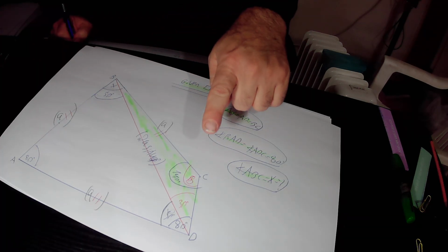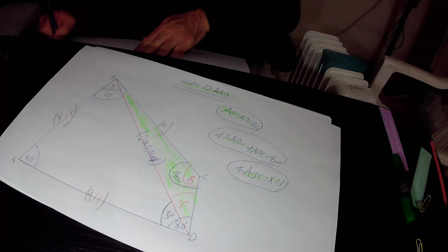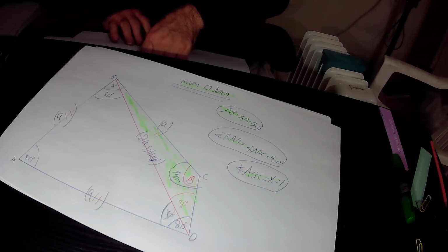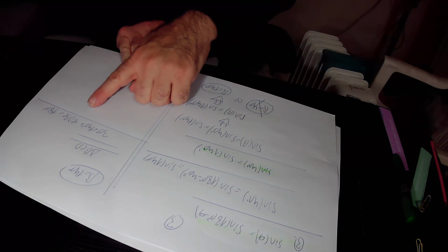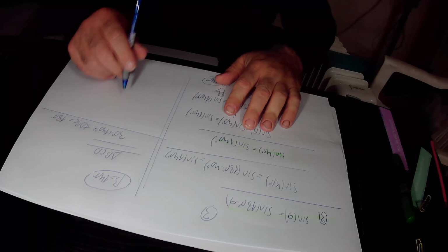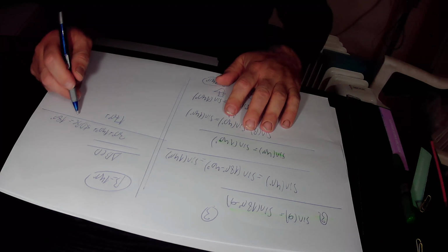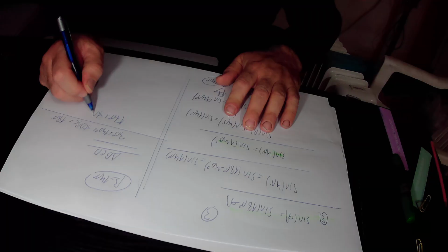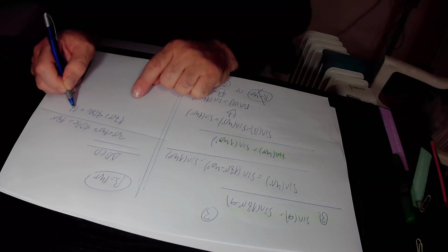In total, the sum of those three angles must be equal to 180 degrees. 30 degrees plus 140 degrees is 170 degrees. So 170 degrees plus the size of the third missing angle DBC must be equal to 180 degrees.